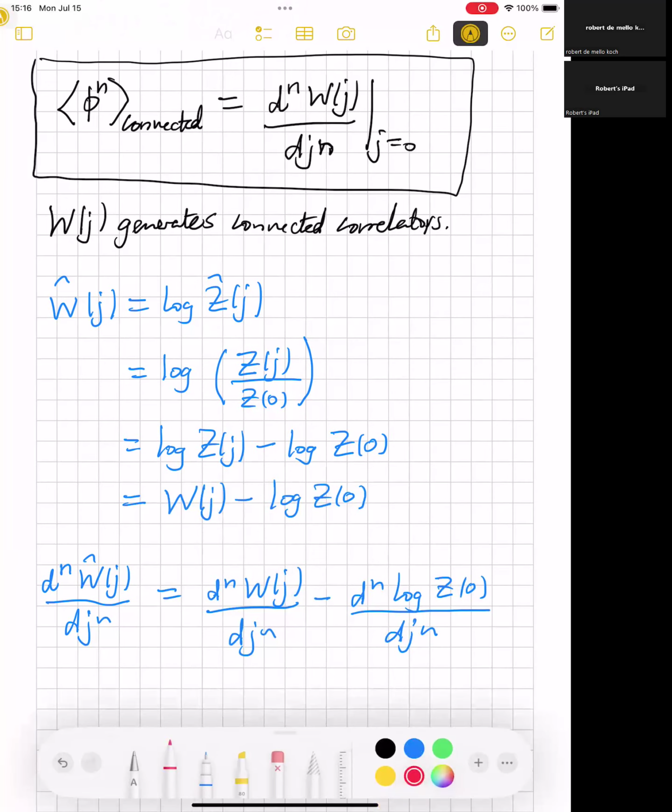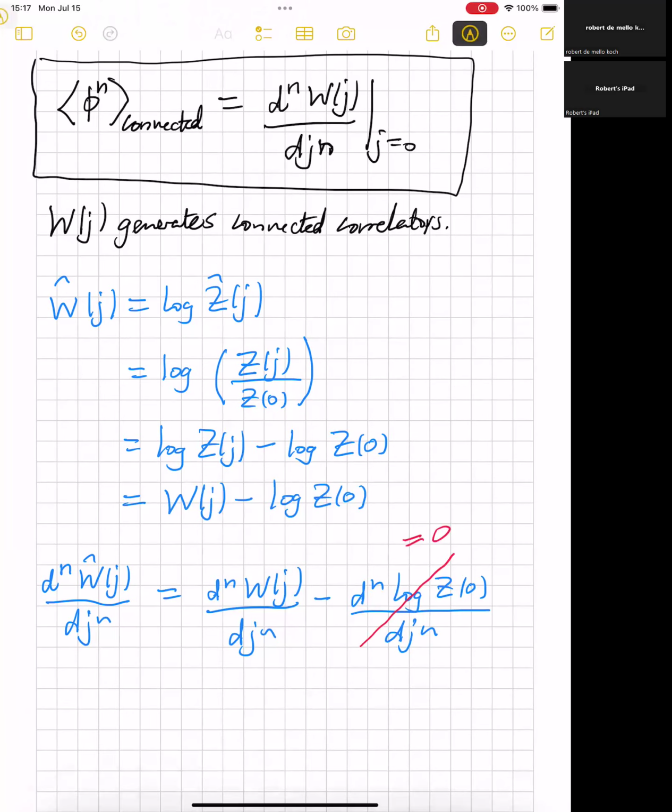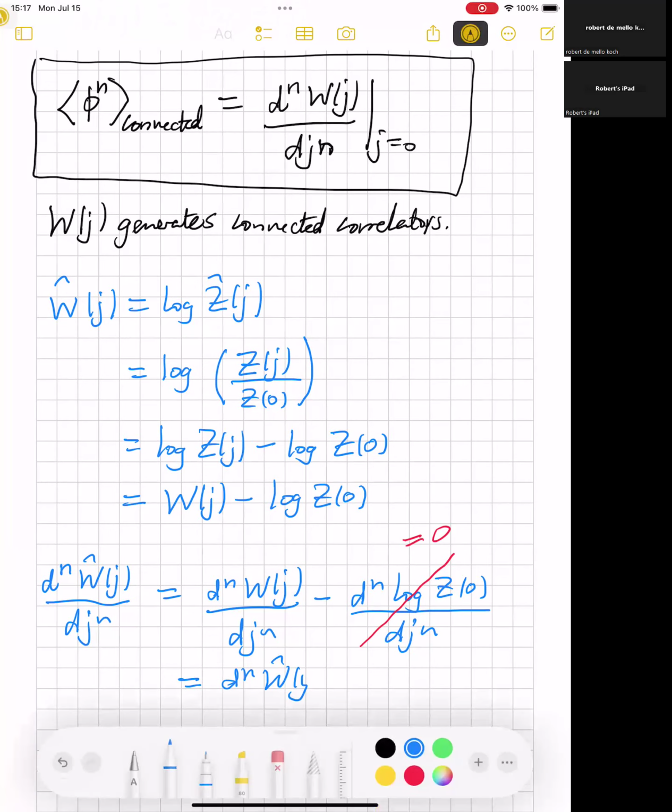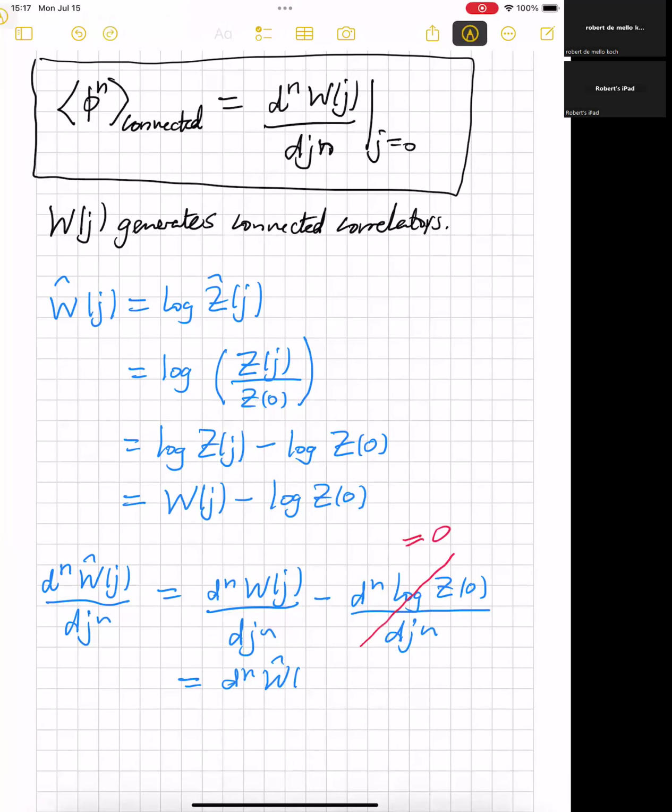And if you differentiate a constant with respect to J, you're just going to get 0. So this term vanishes. So what you learn is that generating correlators with W of J gives exactly the same answer as generating correlators with W hat of J.